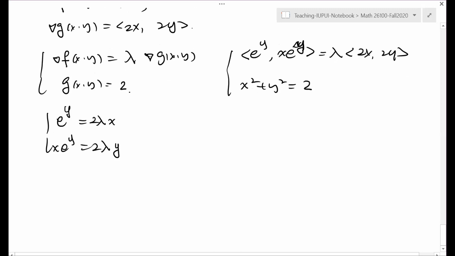Let's double check the computation. X times e to the y equals 2 lambda y.